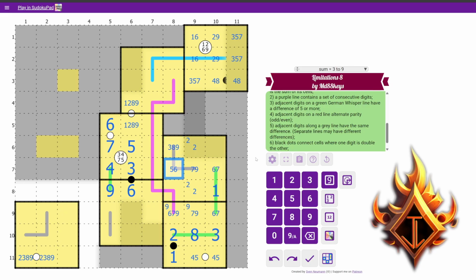If this was 3, it cannot be 2, 1, so it couldn't go down. Oh, 3, 5, 7, I already tried that. Okay. Sorry, we're at 8. If it was 8, 7, 6 cannot be.